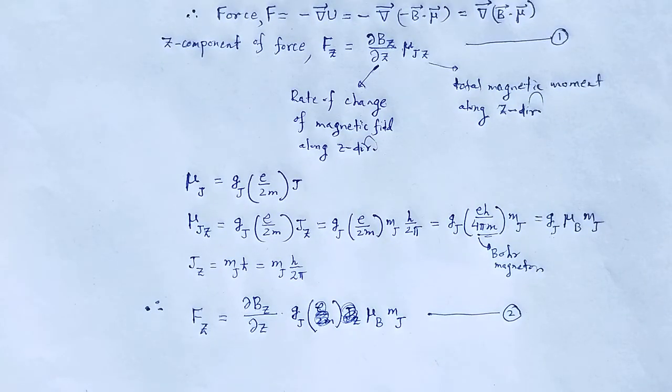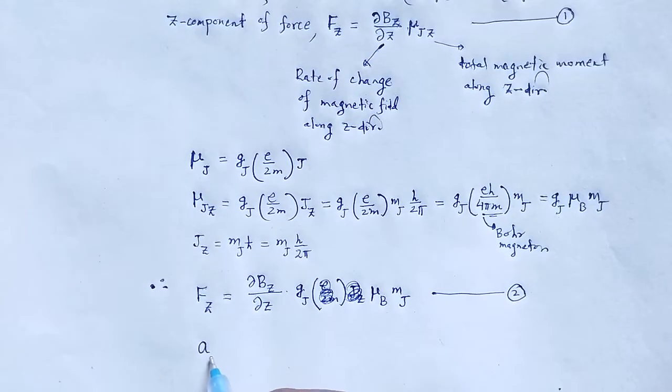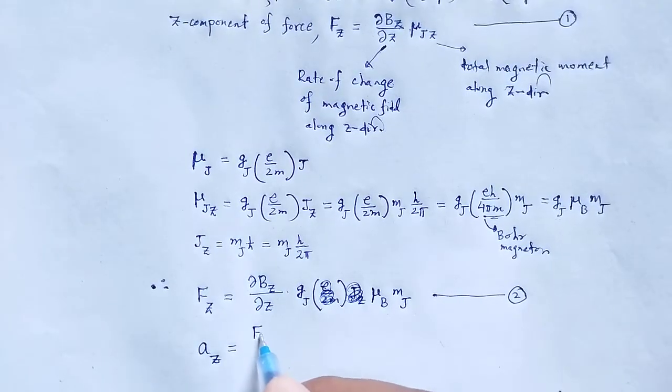Since a force is applied along the z direction to the atom, an acceleration is produced according to Newton's law of motion. So the acceleration along the z direction is the force divided by mass.